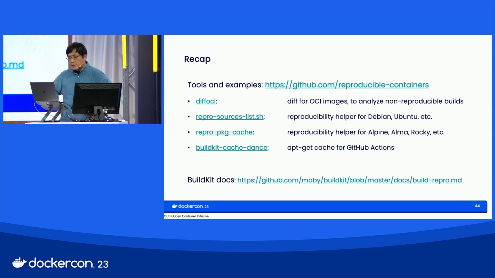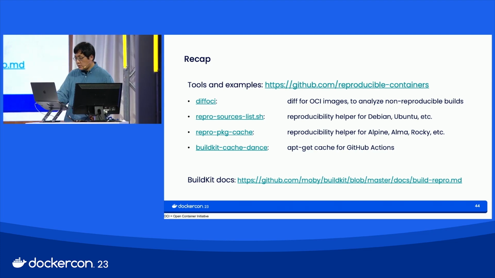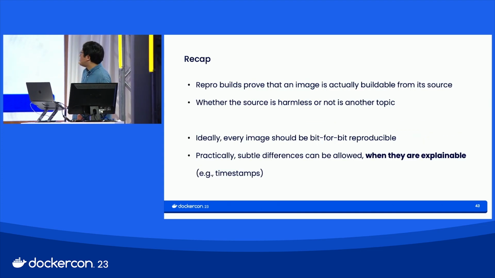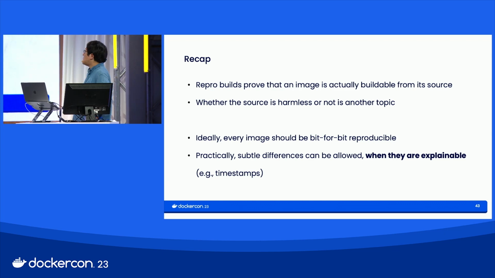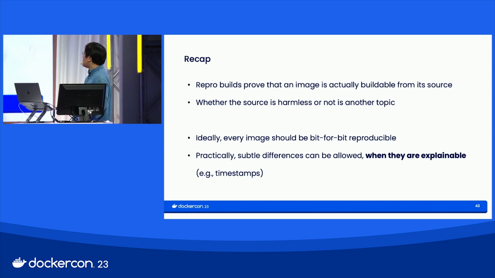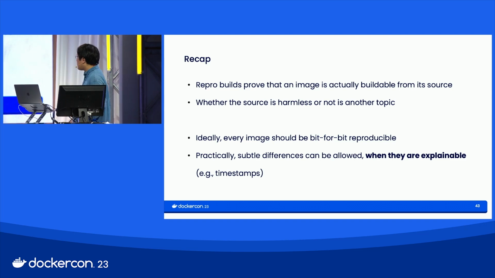And here is the recap of my talk. Reproducible builds prove that our image is actually buildable from its source code. But whether the source code is harmless or not is another topic. So you have to review the source code by yourself.